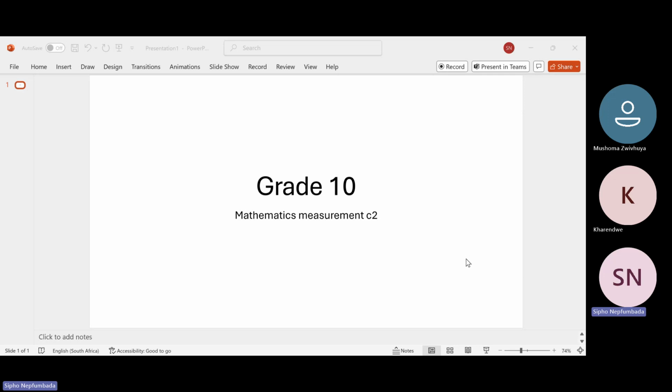Today we're going to continue with our lesson so that we don't waste much time. Yesterday we covered many things in our class. Remember, we're still talking about what we call the measurement.